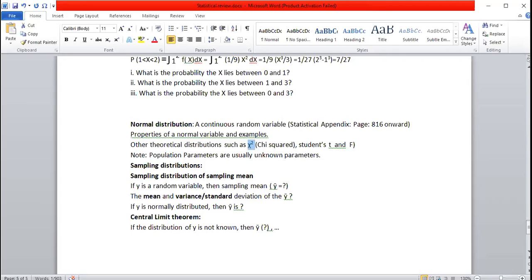A Z is a normal distribution with mean 0 and variance 1, and you get chi-square by squaring some Z. Don't ask too much here. Just know that chi-square is a square of Z.